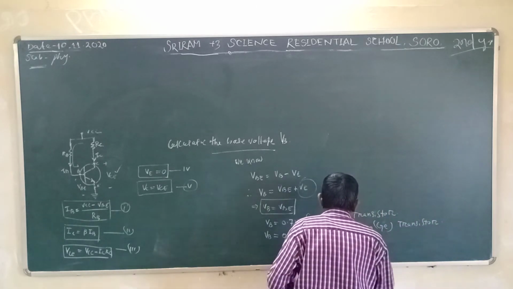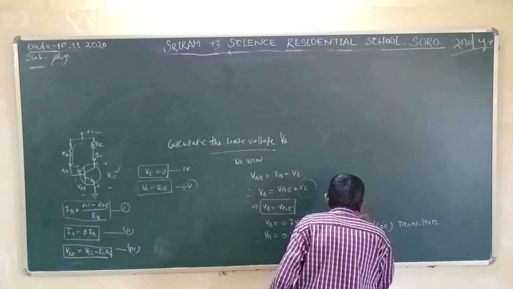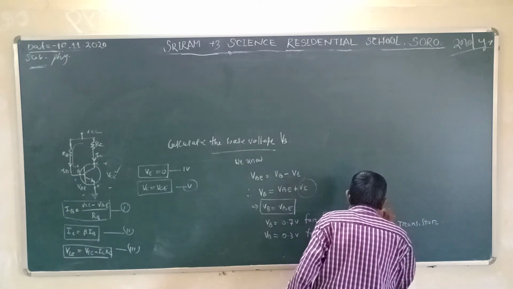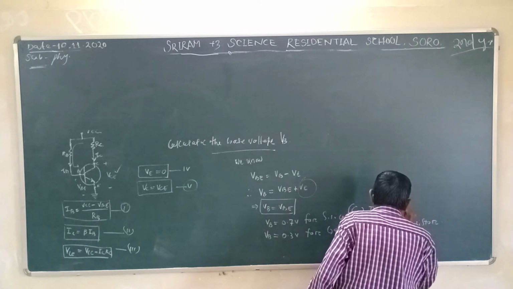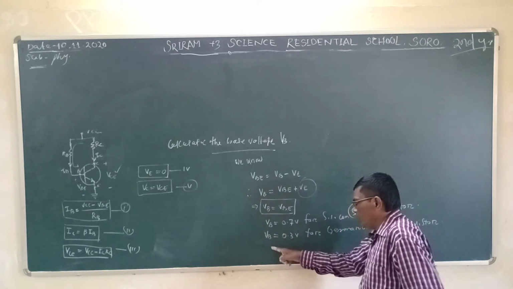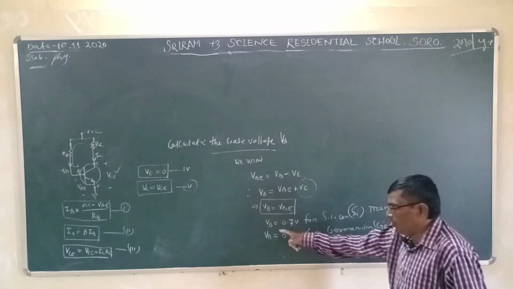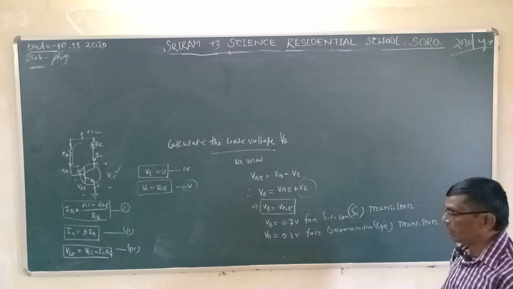So VB is 0.3 volt for a germanium transistor and 0.7 volt for a silicon transistor.